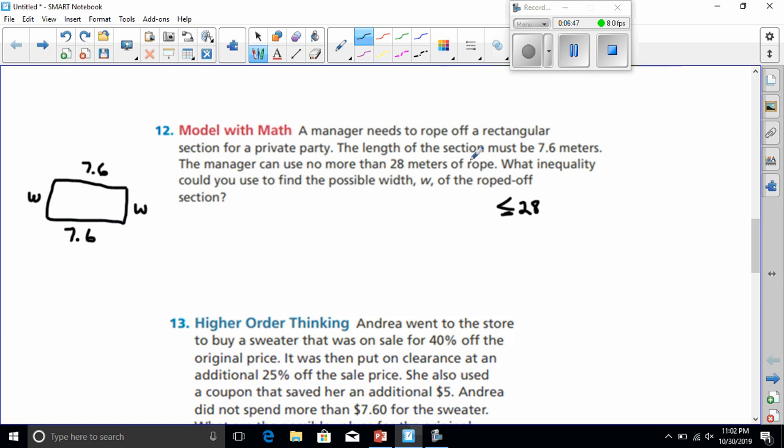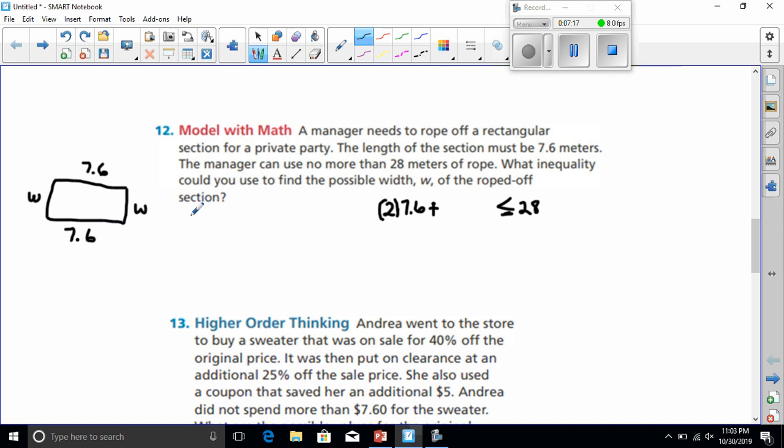Now let's see. Well, to find W, I could go ahead and put this in the equation. There's two 7.6s, so we could say 2 times 7.6. We're talking about the length of the rope to go around, so this is the perimeter.